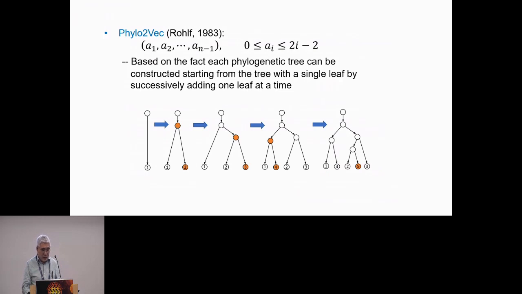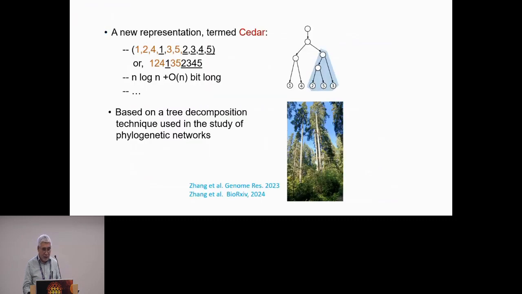This is another representation they call phylo2vec. This is what I'm going to present. In this format, each binary tree is represented by a string of 2n characters.